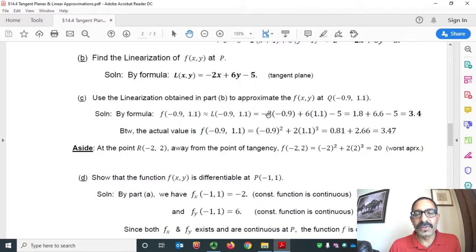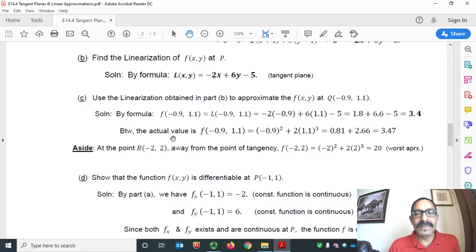So then -2 times -0.9 plus 6 times 1.1 minus 5, then multiply, add and subtract. This gives us 3.4. So we found the approximate value of the function at point Q is 3.4.